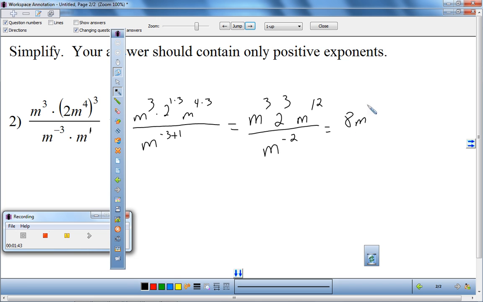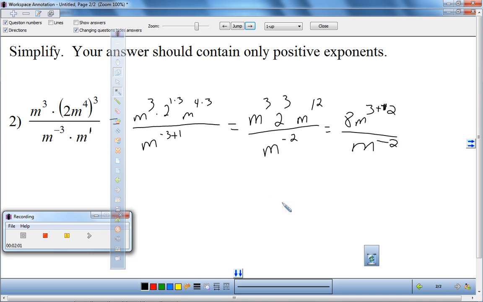We're multiplying here, so we're going to end up adding, so it'll be 3 plus 12, 12 on top, and then on bottom, we still have m to the negative 2.